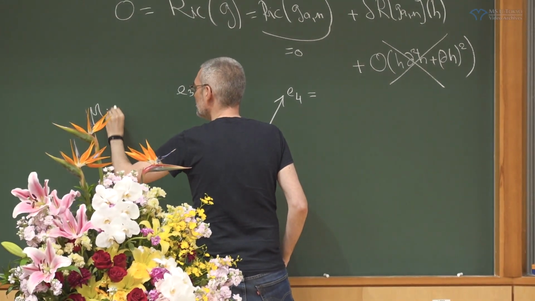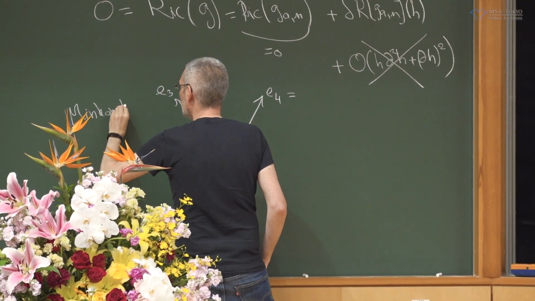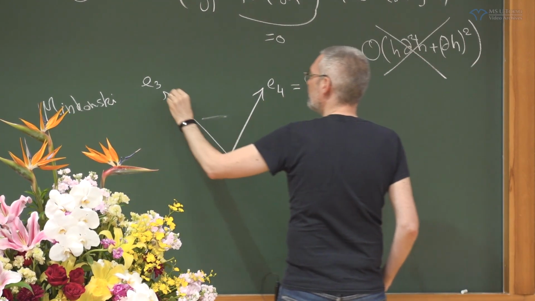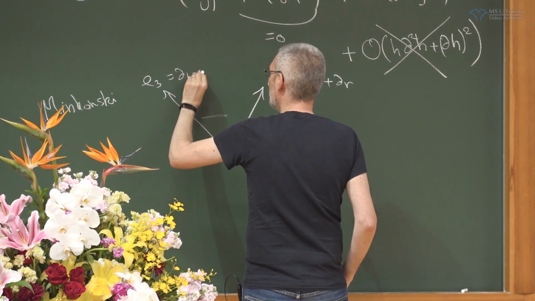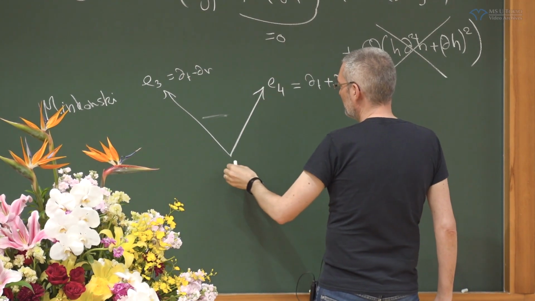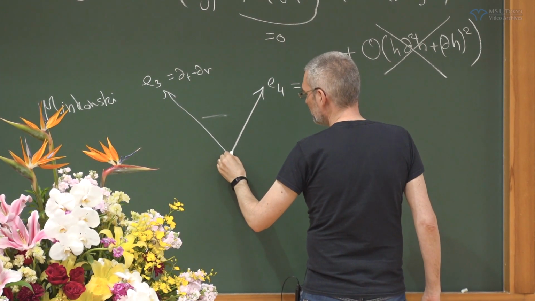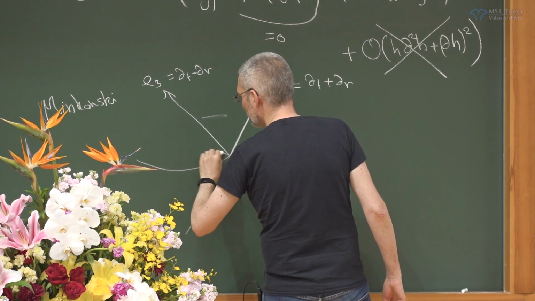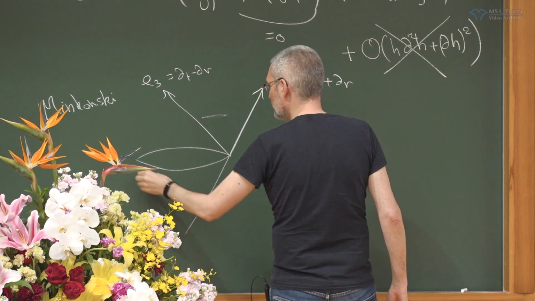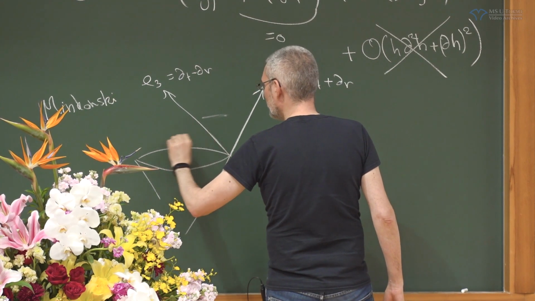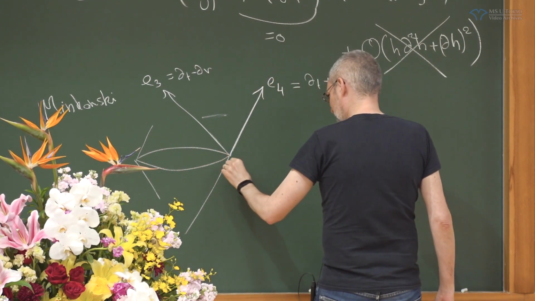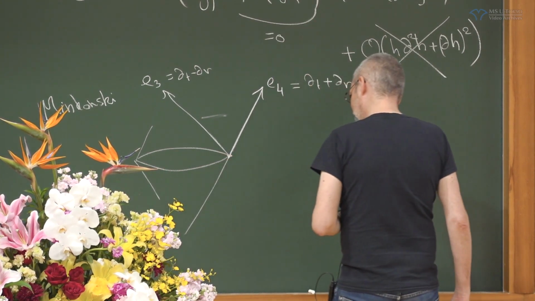So in Minkowski, you would have two null frames, E4, which is dt plus dr, E3, which is dt minus dr in spherical coordinates. And in fact, as you can see, they are simply the generators of ingoing and outgoing null cones in Minkowski. So E4 is generator of outgoing null cones, E3 generator of ingoing null cones, and of course, these null cones intersect on round spheres in Minkowski.